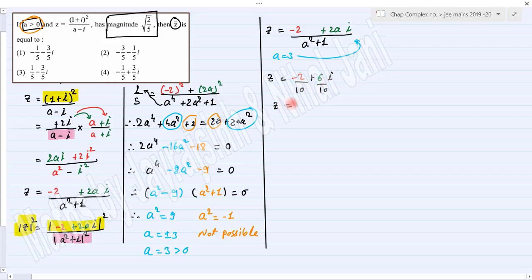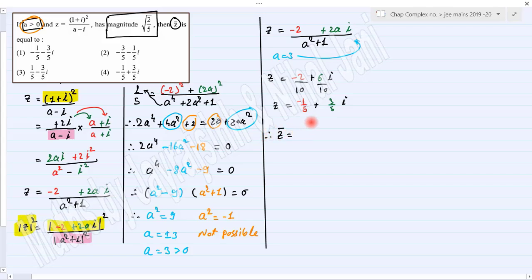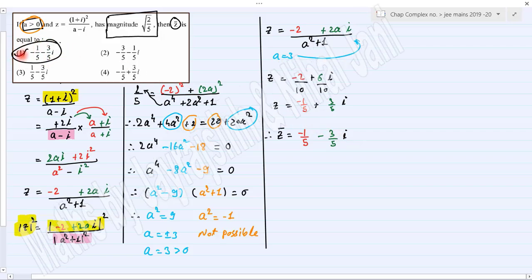So your complex number is minus 1 by 5 plus 3 by 5 i. But don't forget, we have to find out the conjugate of this complex number, which will be minus 1 by 5 minus 3 by 5 i, which is given in option 1. Ta-da!